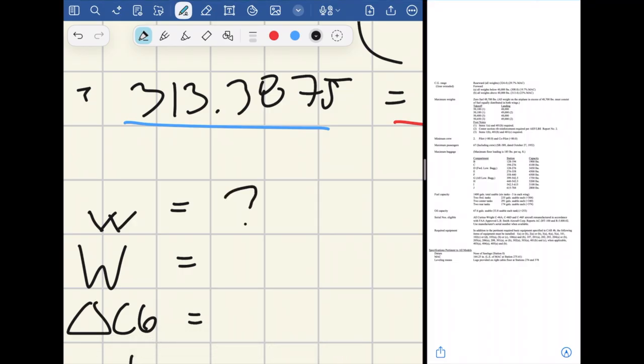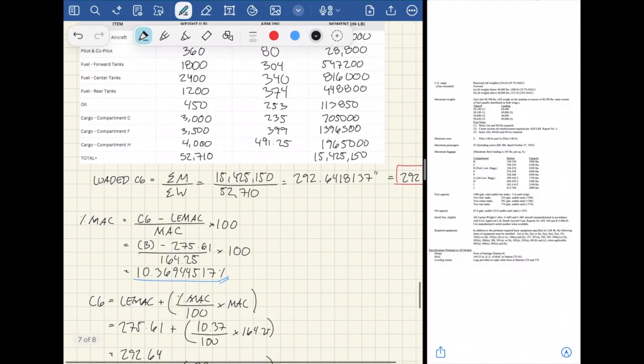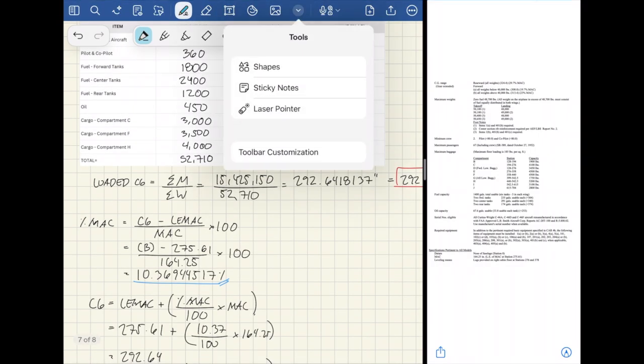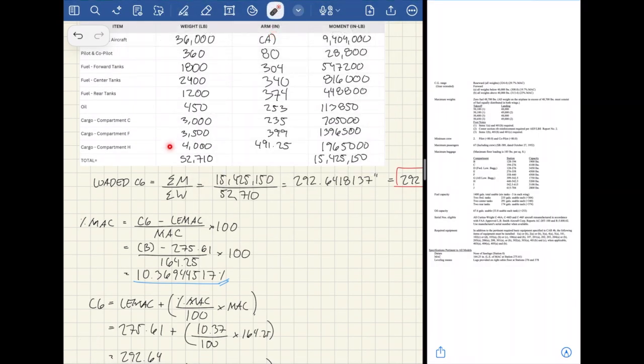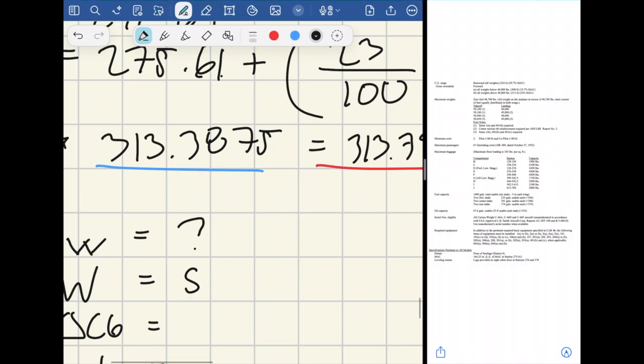We need to answer how much yung i-move natin from a certain compartment to another, and then our total weight. So, guys, the total weight is always given. So, our total weight is going to be 52,710. Again, our total weight is 52,710 pounds.